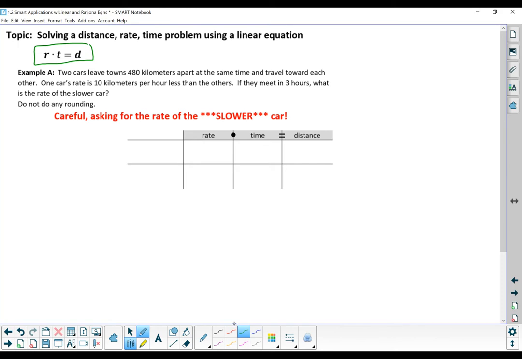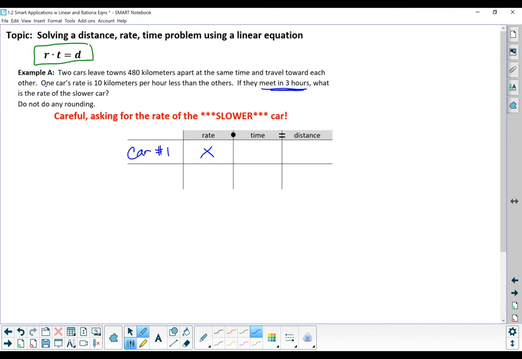So my table is set up with rate multiplied by time equal to distance. Let's think about car number one. We don't know how fast car number one is going, so I'm going to just call that x. But we know that the car is driving for 3 hours.